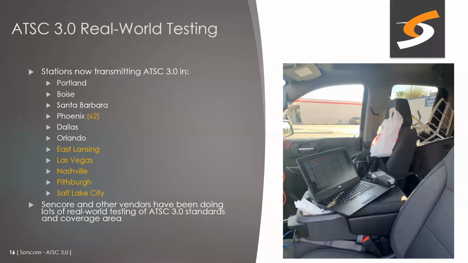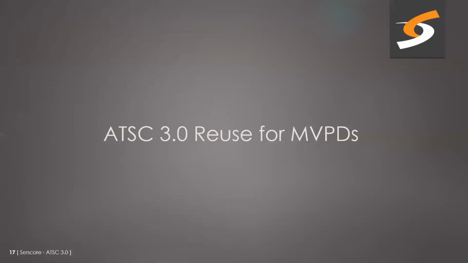So they're trying different things. Again, it's a lot of testing right now, just making sure it works and seeing what problems and reception issues may or may not happen. So definitely making progress on ATSC 3.0 rollout there.